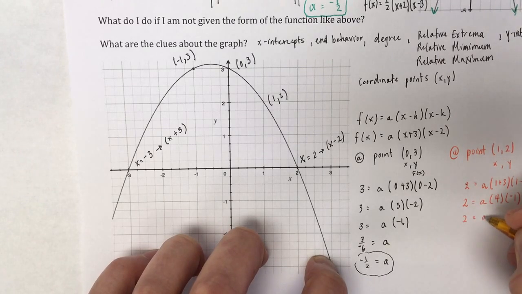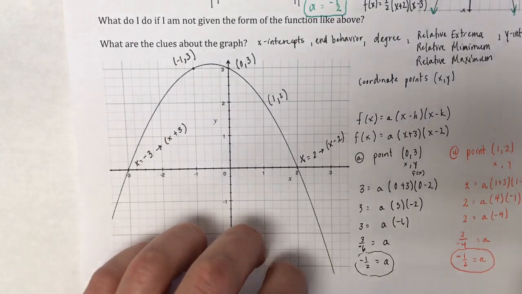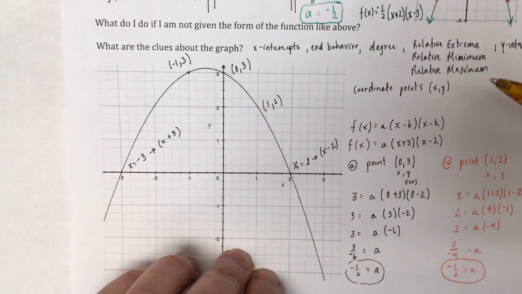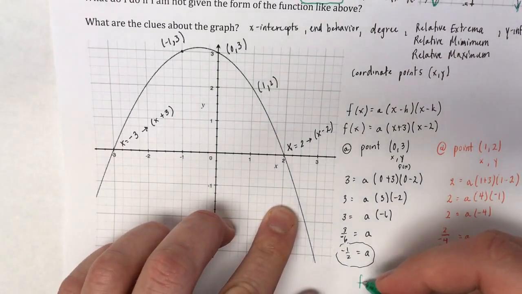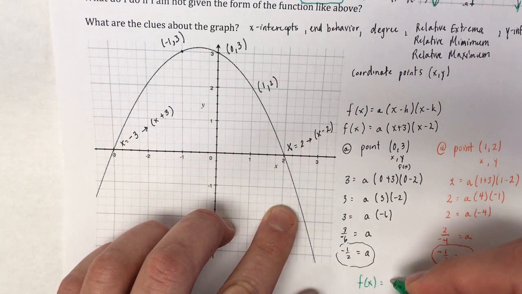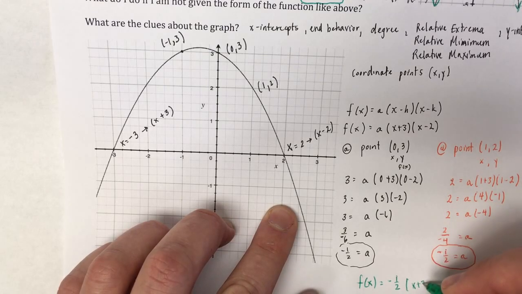So 2 equals a times negative 4. Divide both sides by negative 4. You'll get 2 divided by negative 4 equals a. And negative 1/2 equals a. So hopefully you can see it doesn't matter what point I use in truth. And then my final equation would be f of x equals negative 1/2 times (x plus 3)(x minus 2).